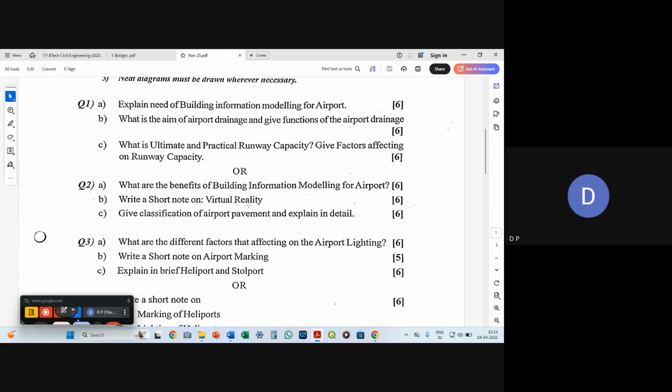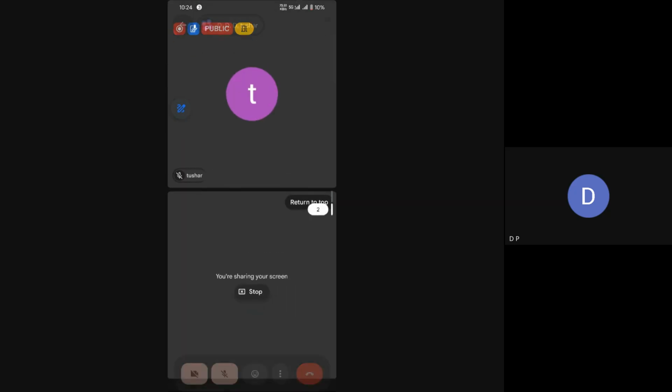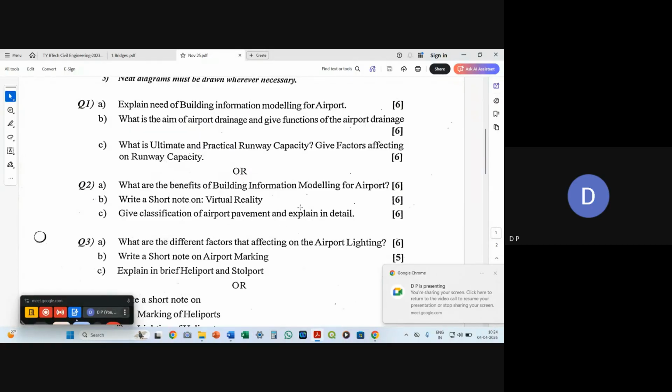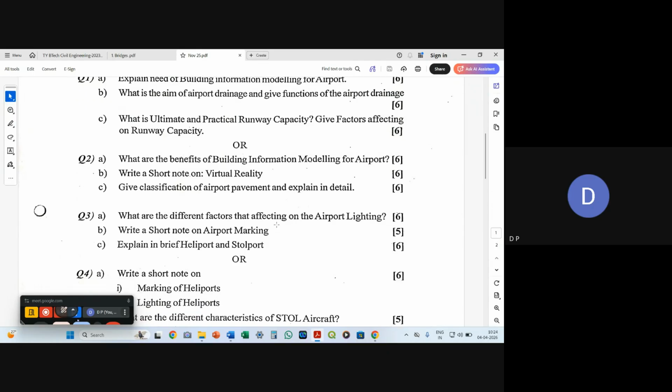Write a short note on virtual reality. So augmented reality and virtual reality, there is a slight difference. You have to understand what is the difference between them. Then give classification of airport pavement and explain in detail. So rigid pavements and flexible pavements.